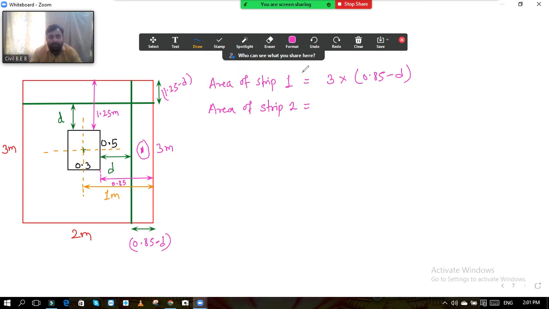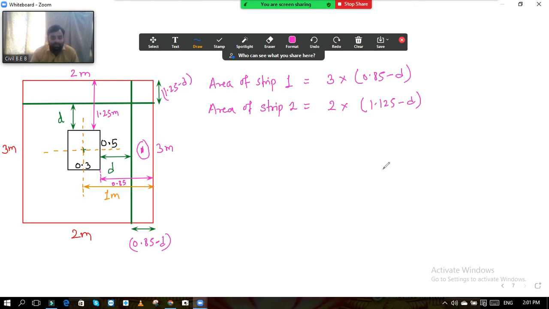So now what is the area? So this dimension is 2 meter. This is 2 meter. So area will be 2 into 1.125 minus d. 2 into 1.125 minus d. Okay. So here we have got the area of the both the strips.